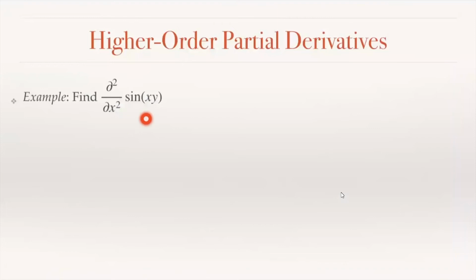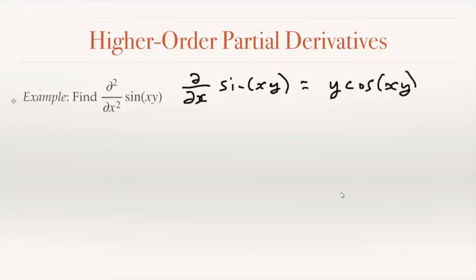So let's do an example of a higher order partial derivative. So I'm going to stop doing the substitution with 5 at this point. So first we have that del x of sine xy. We did this earlier, that is y times cosine of xy.